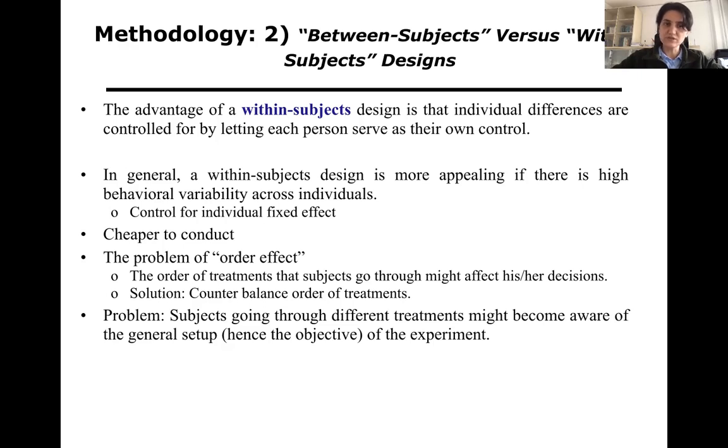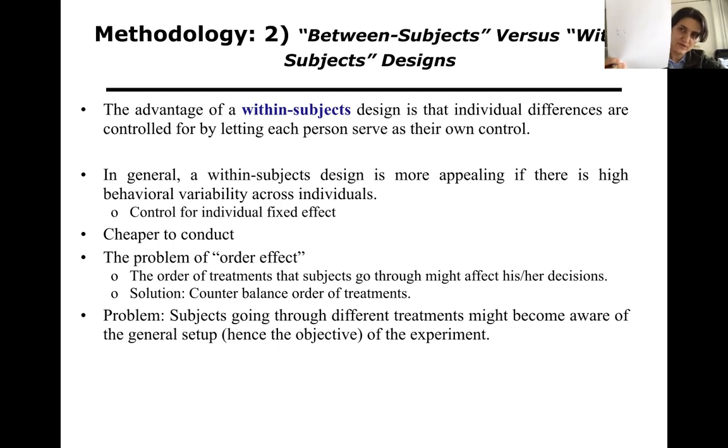The order of treatments that subjects go through might affect their decisions. So the solution is to counterbalance the treatments. Let me show you how it happens. If you have two treatments, A and B, and you're running AB, you need to run BA as well.